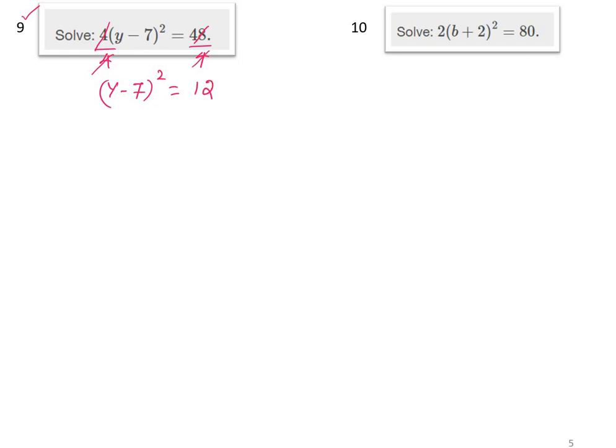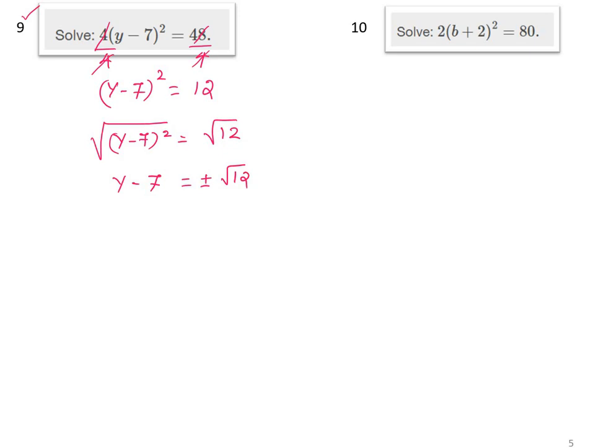Now, here it is a square of something, so we want to take the square roots on both sides. The square root of (y minus 7) squared is equal to the square root of 12, and that ends up with y minus 7 equal to plus or minus square root of 12.